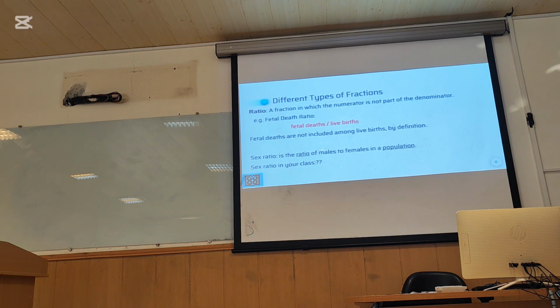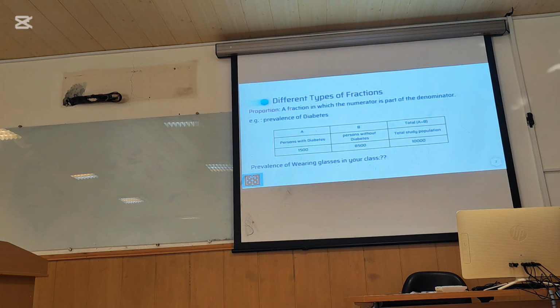It means the ratio of male to female. Sex ratio is the number of males to females in your class. It is a kind of ratio, which means the numerator is not part of the denominator. Okay?